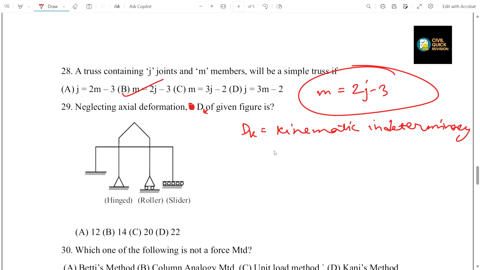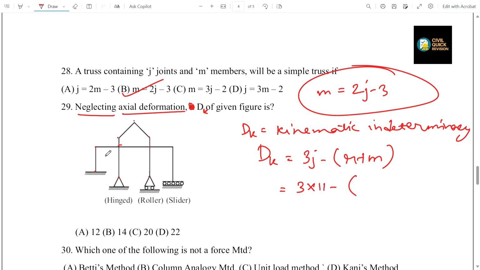DK is equal to, one formula is there for rigid jointed frame, 3J minus R plus M. Here we can neglect axial deformation, that's why we take this formula. 3 into J, how much? You see how many joints are present? 1, 2, 3, 4, 5, 6, 7, 8, 9, 10, 11 joints are there, minus reaction, how much external reactions are there? Here 3, 2, external reactions are present.